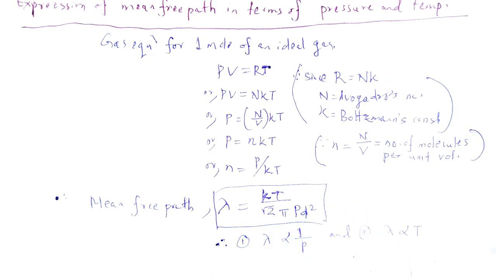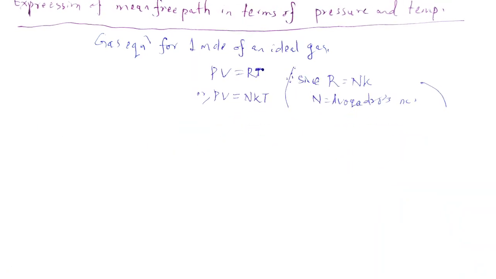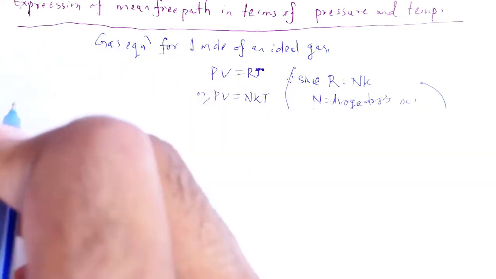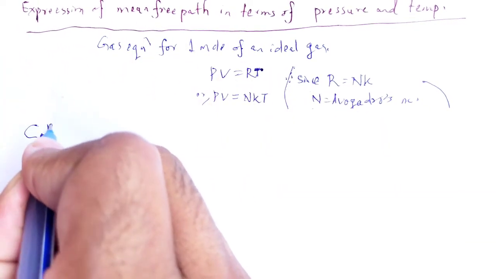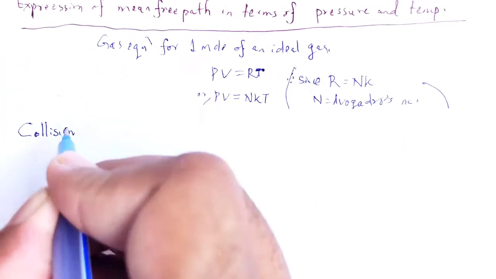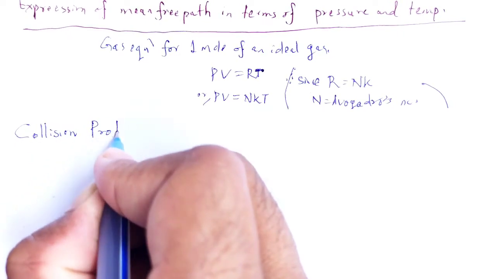Next, we have to discuss how the collision probability exactly looks like. We have to define the collision probability.